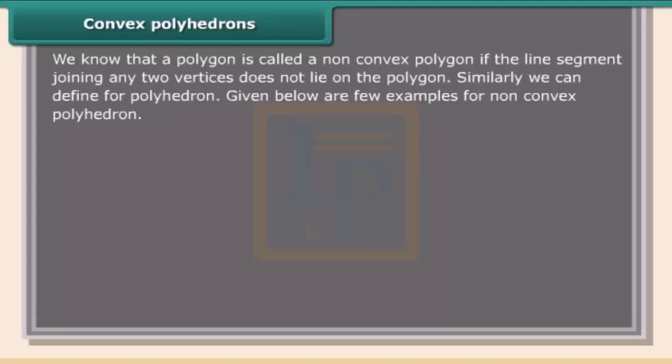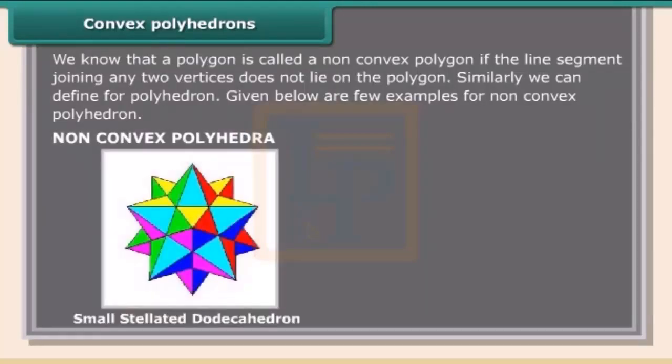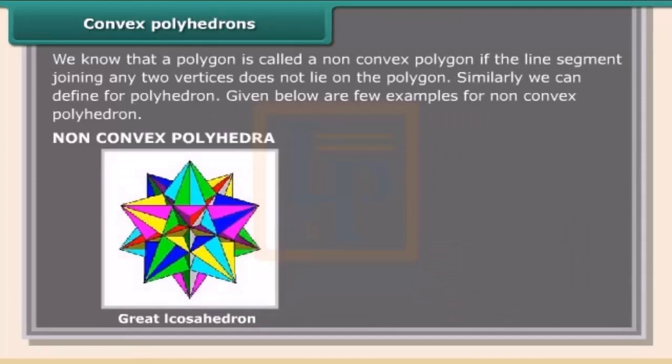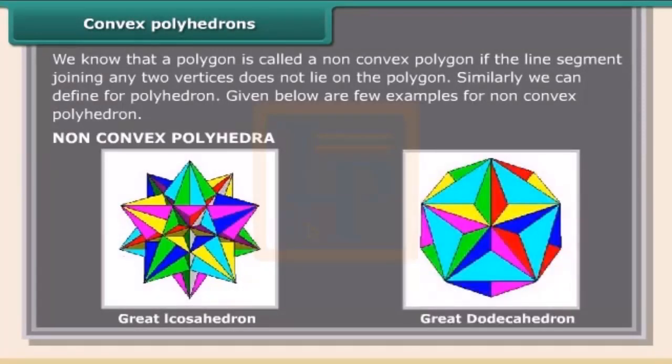Similarly, we can define polyhedron. Given below are few examples for non-convex polyhedron. Non-convex polyhedra: small stellated dodecahedron, great stellated dodecahedron, great icosahedron, great dodecahedron.